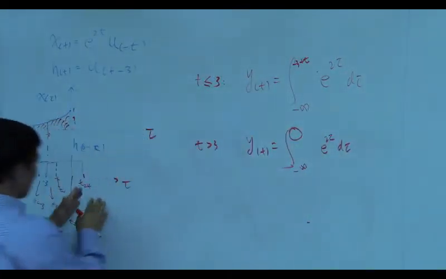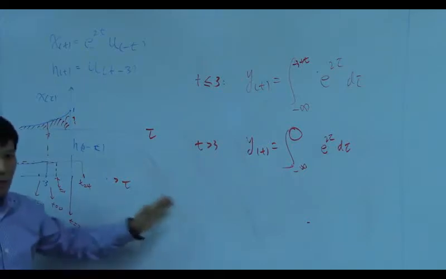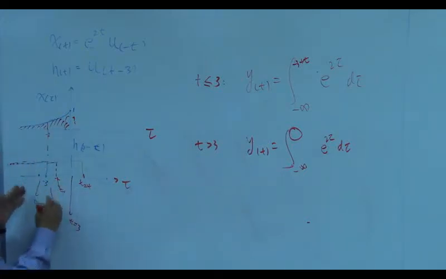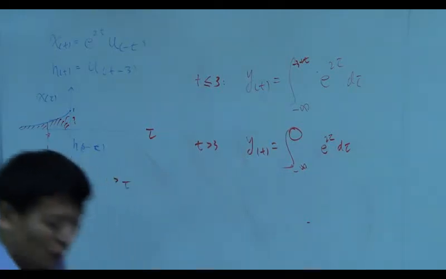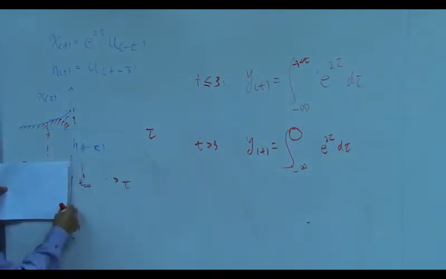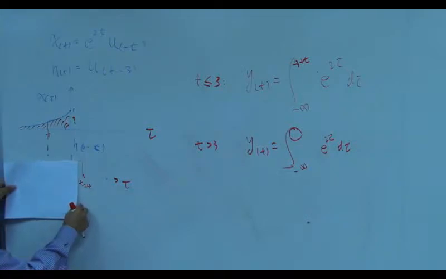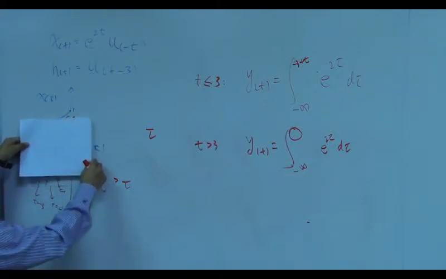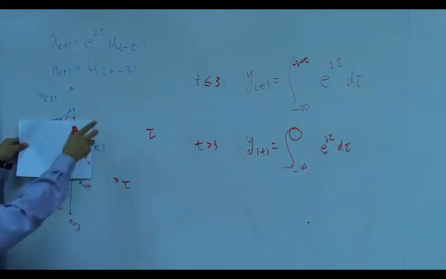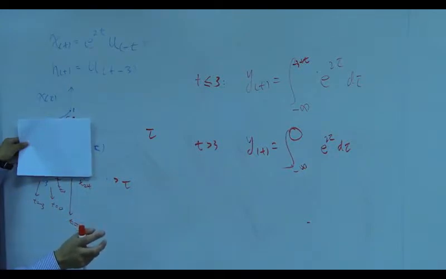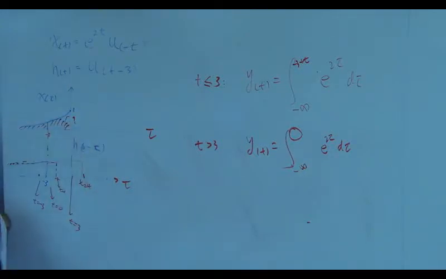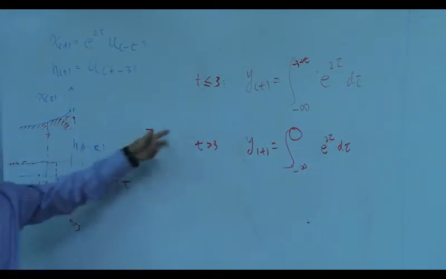Because no matter t equals 4, equals 5, 6, 7, 8, this one is your window here, right? This window t equals 3, t equals 3.1, all this. Once t is greater than 3, you always like this, but you multiply this with this one. All this part equals 0. We don't need to care. The only non-zero part is before this one. So the integration is always from negative infinity to here. You can say to 4, but this one equals 0. Also, you can say 5, 6, 7, but that's nothing.